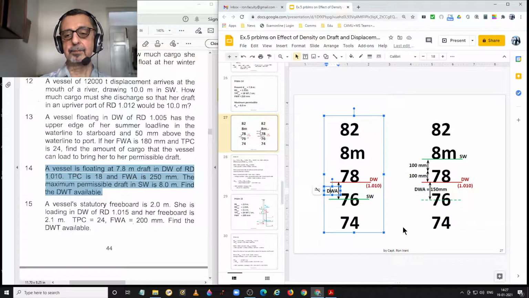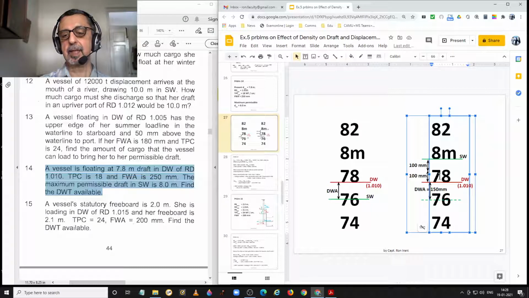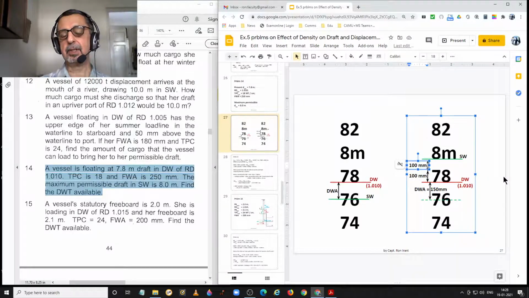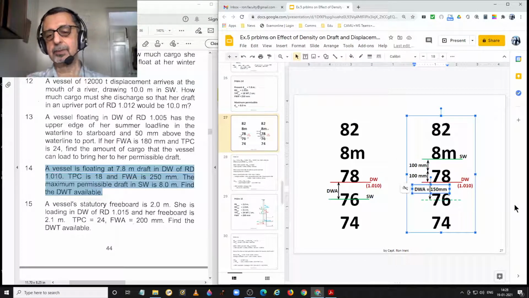Now, coming to the drawing on the right hand side, we know that the height of each draft mark is 100 millimeters and the distance between the two draft marks is also equal to 100 millimeters. We have calculated, as we will see in the next slide, our dock water allowance to be equal to 150 millimeters.